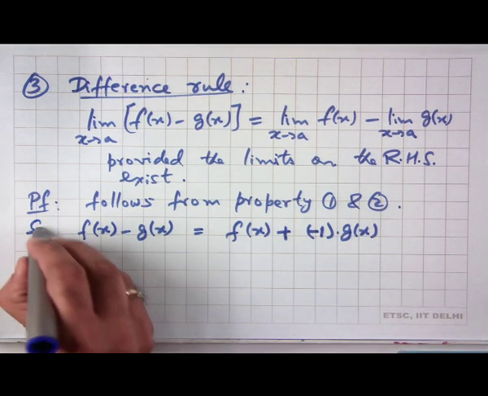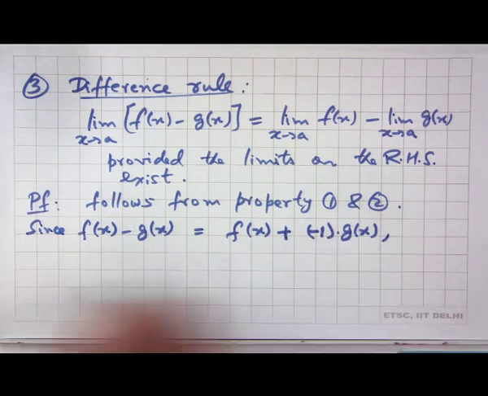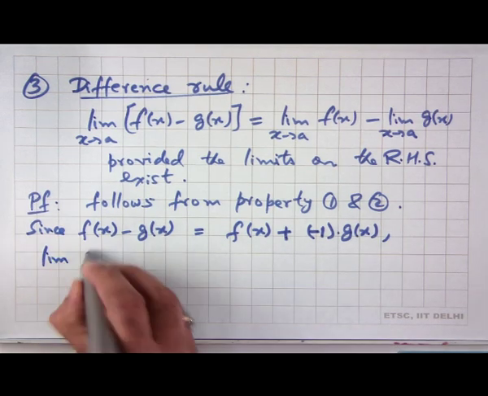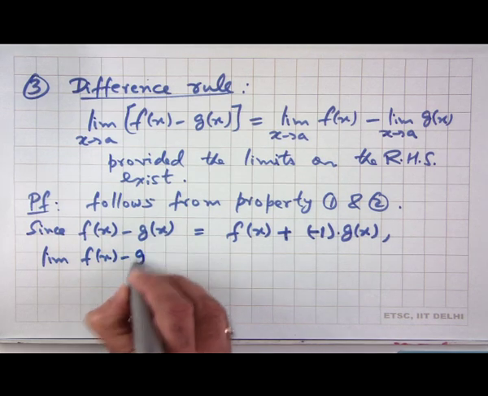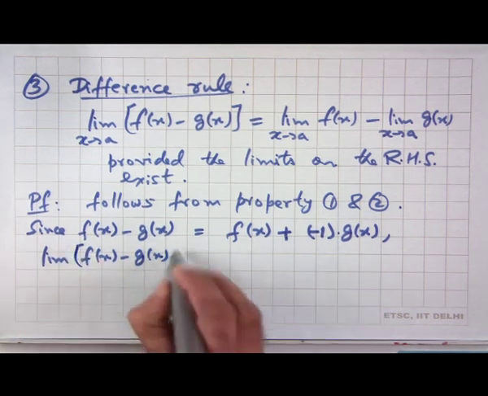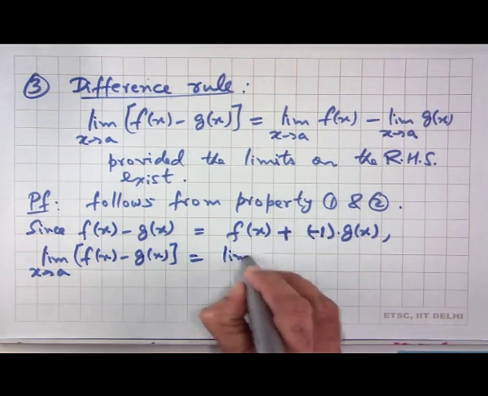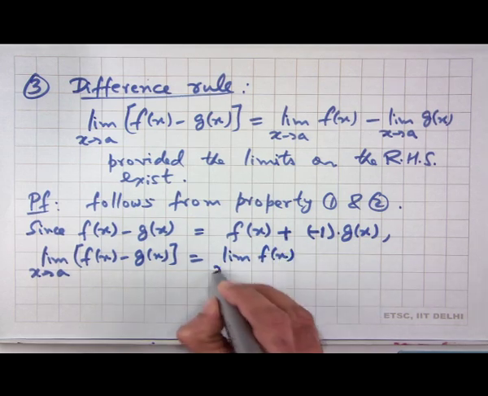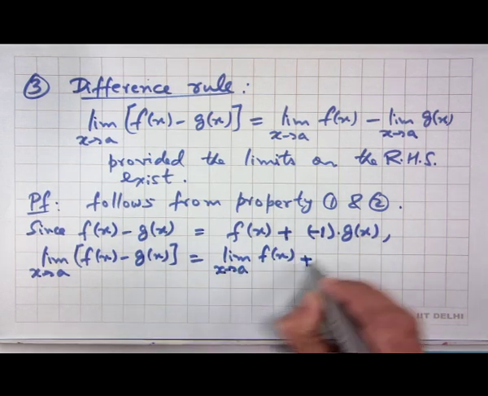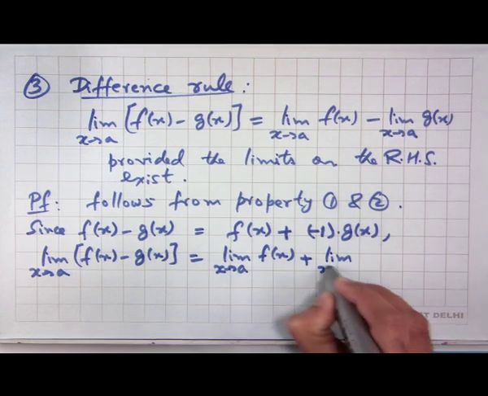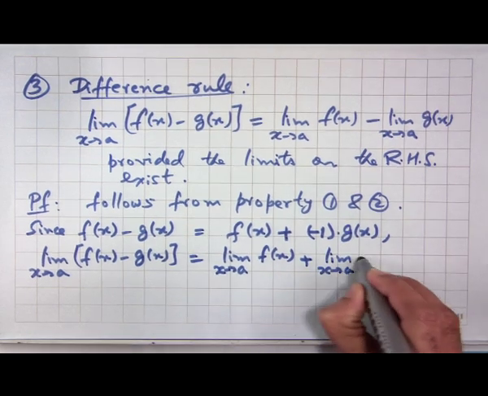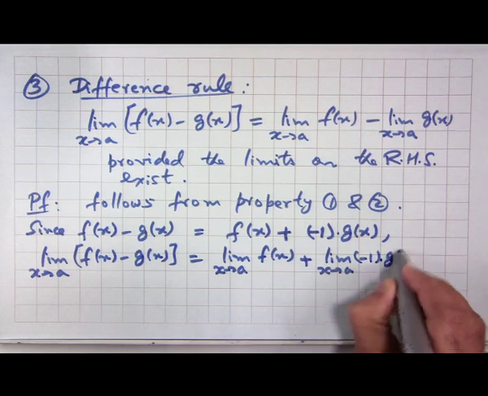Since this is true, limit of f x minus g of x is equal to limit of f of x plus limit of minus 1 times g of x.